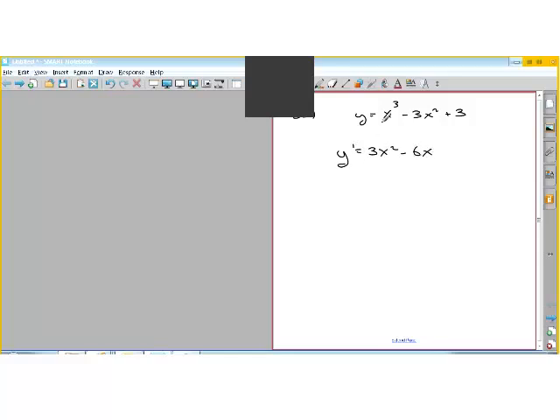So the first derivative is that, and the second derivative is that. So we need to find the critical numbers and the possible points of inflection. So we're going to look at each one of those separately. We're going to set the first derivative equal to 0.